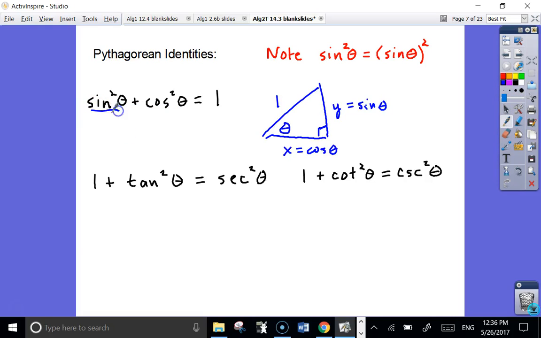So if I divide by cosine squared, both sides, every term, you can see that sine squared over cosine squared is tangent squared, and cosine squared over cosine squared is 1. 1 over cosine squared is secant squared.